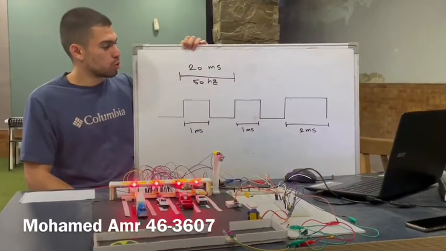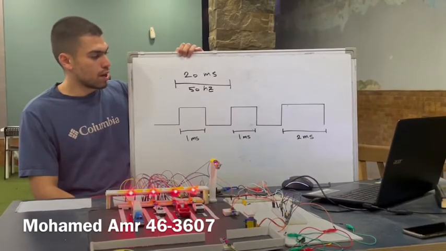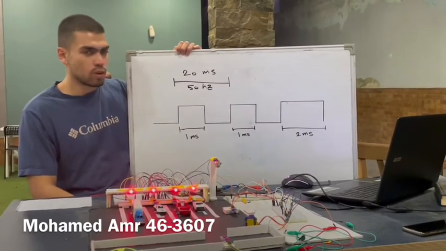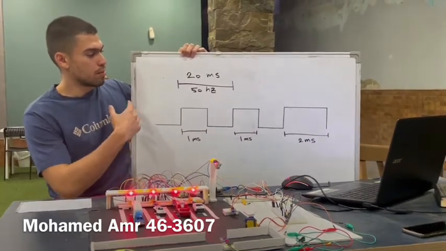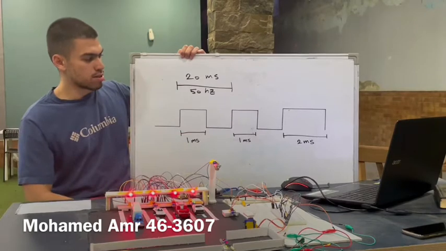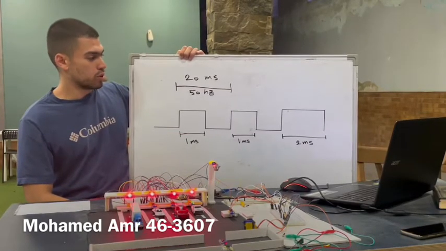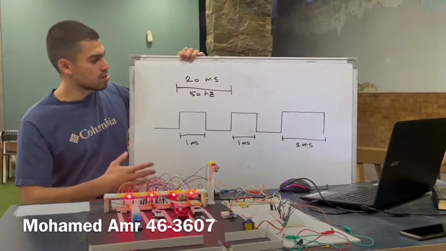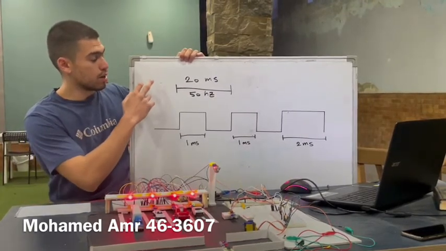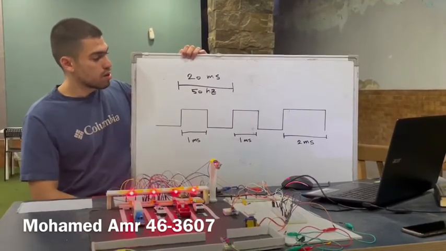So the servo motor is controlled by this pulse. It's called PWM, also known as pulse width modulation. So a continuous pulse such as this pulse is used to control the servo motor. This particular servo motor uses a pulse that has a period of 20 milliseconds and a frequency of 50 hertz.